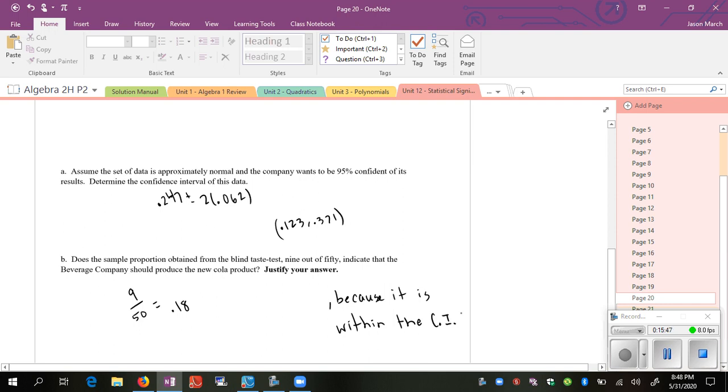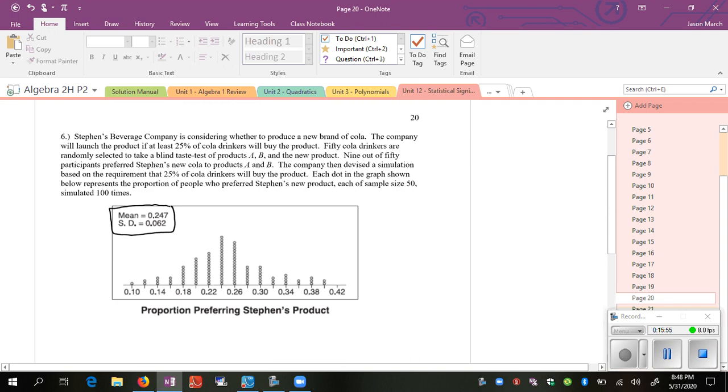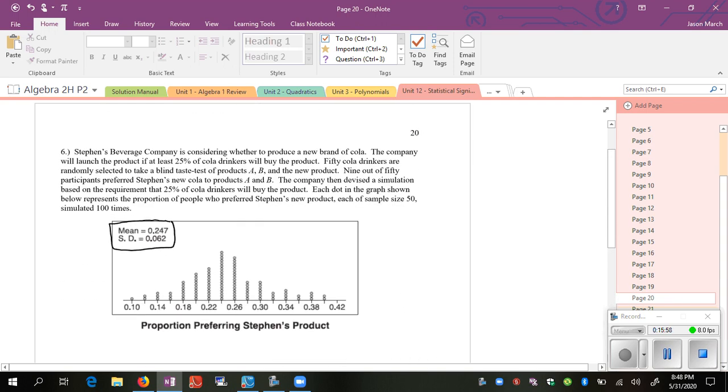Now the question is, does the sample proportion obtained from the blind taste test indicate the beverage company should produce the new cola? This is where we actually have to read the paragraph above, and it talks about how the company devised the simulation on the requirement that 25% will buy the product. So is it a possibility that 25% could have been the actual proportion?